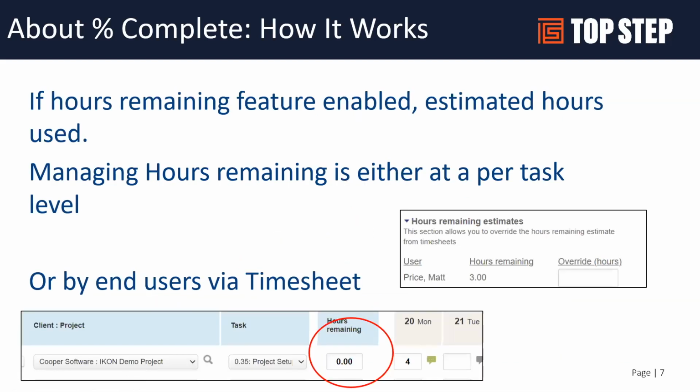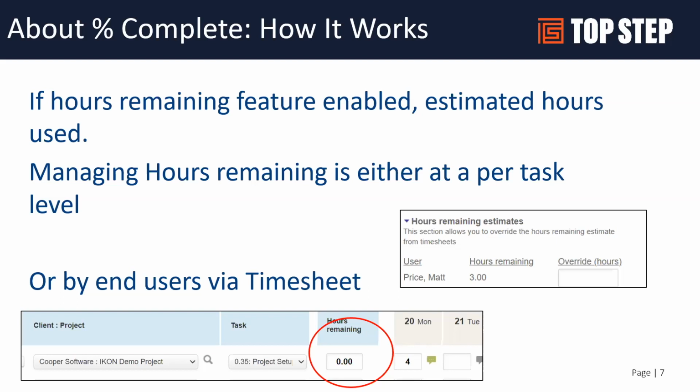If you're using the hours remaining, there's a couple of ways to manage those. We're not going to go into a lot of detail. I could do a whole webinar on project management. I'm pretty sure I have in the past, but at a high level, once hours are entered and approved, you'll be able to adjust on a task how many hours are remaining. It will calculate how many hours are remaining, and you can override those hours.